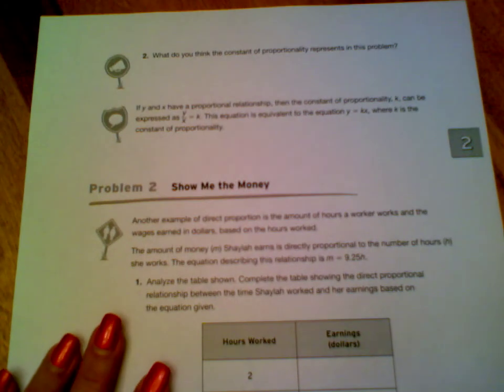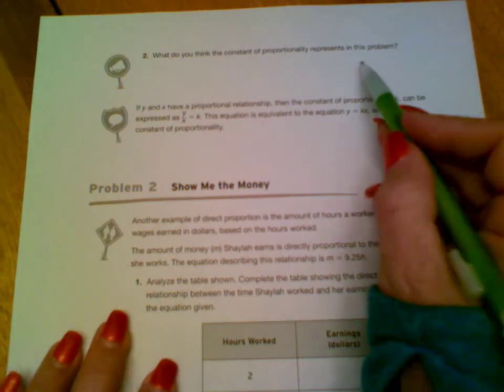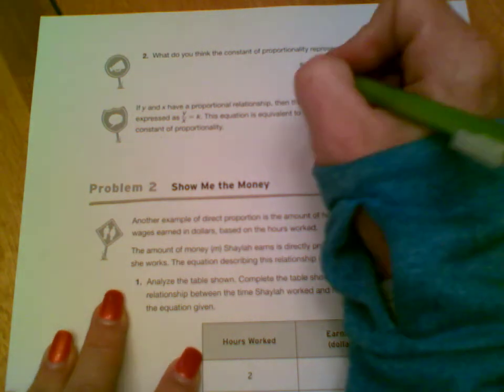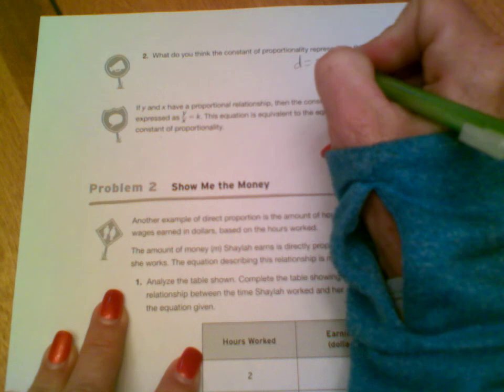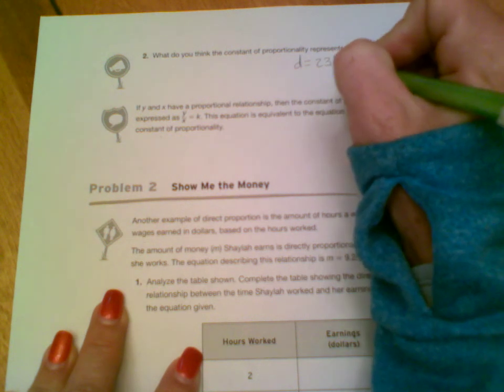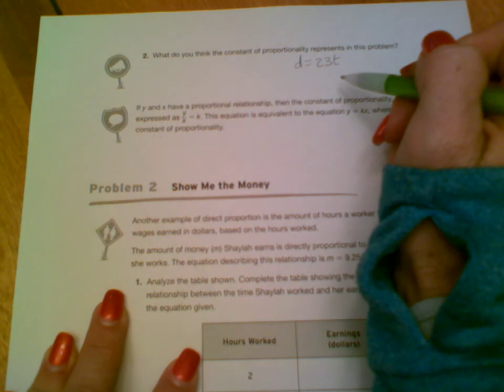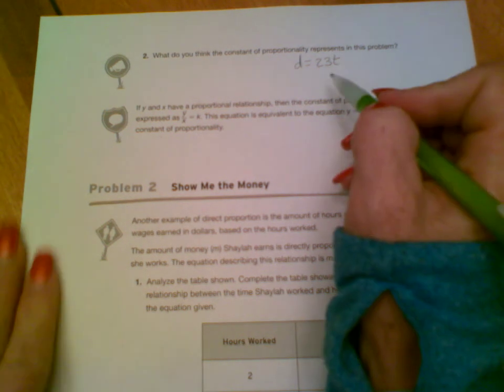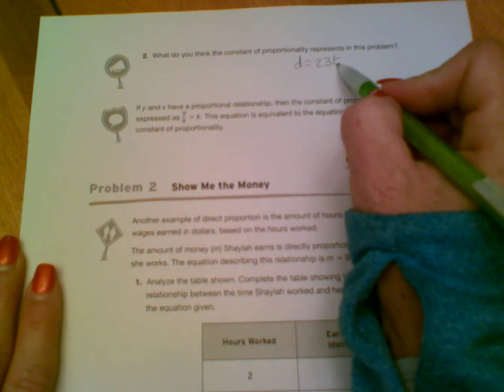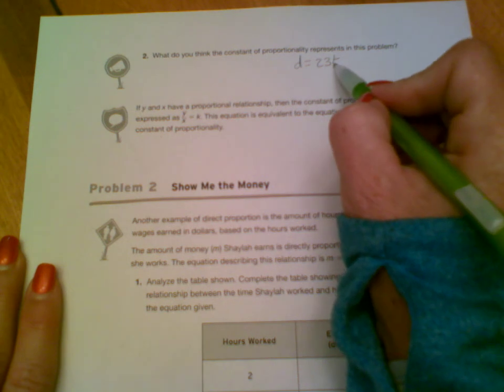What do you think the constant of proportionality represents in this problem situation? So I'm going back. d equals 23t. So we know the constant is 23. From my equation, the way I always set this up is the variable that's attached to the constant, I'm going to put a 1 there.